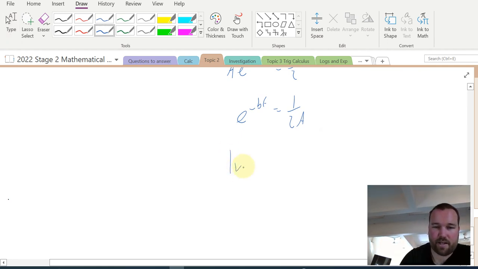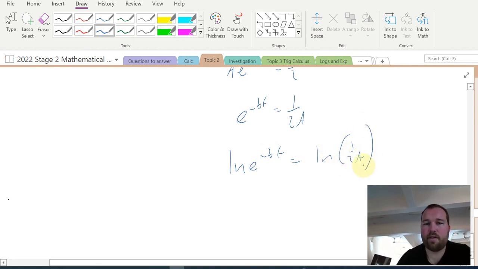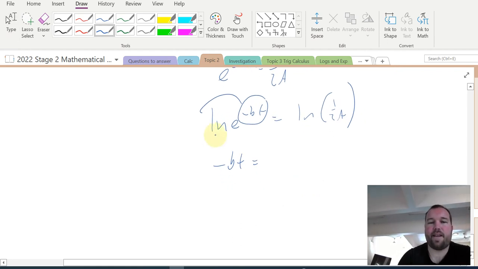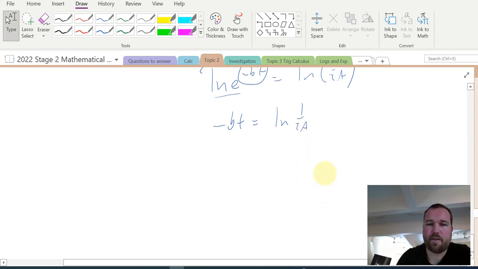So we do ln e to the minus bt equals ln 1 on 2a. The minus bt comes out the front here. Then ln e makes 1, which we kind of ignore, so it is ln 1 on 2a. Then we divide by minus b. T equals ln 1 on 2a divided by minus b.